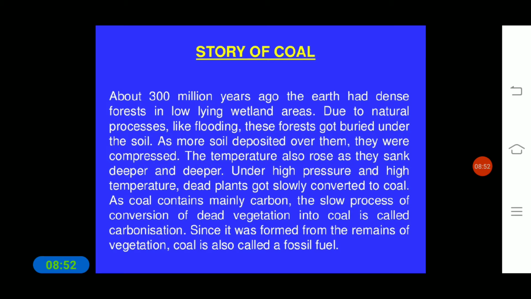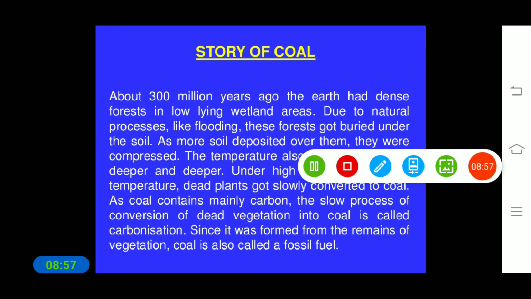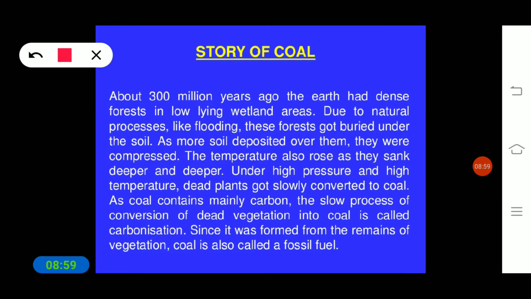Coal contains mainly carbon. So this coal is made by the plants which were buried under the soil for a long time, and they were converted into coal.